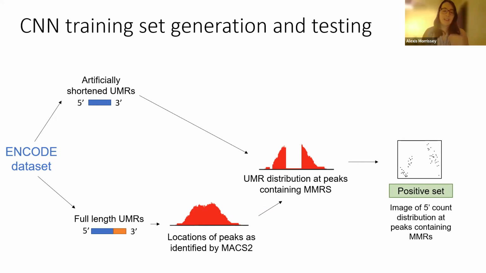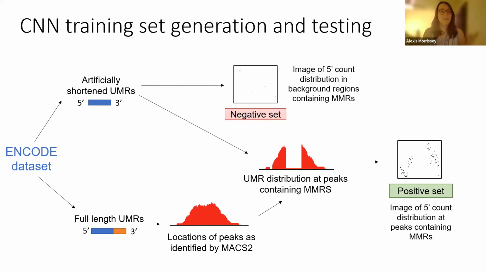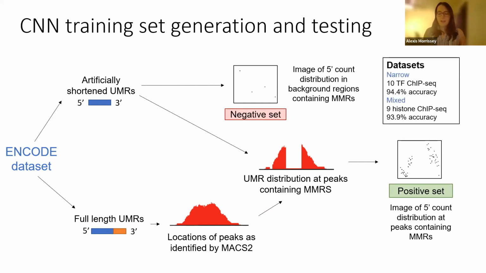Our negative data set was very simple, and the way we created that is we just took regions that had multi-map reads but were not called as peaks, so just background regions, and that became the negative set. All in all, Allo has two different neural networks, and the first one was trained on narrow peaks and the second was trained on mixed peaks. The narrow peak data sets, there were 10 of them, and they were all transcription factor data sets, and the binary classification accuracy was 94%.